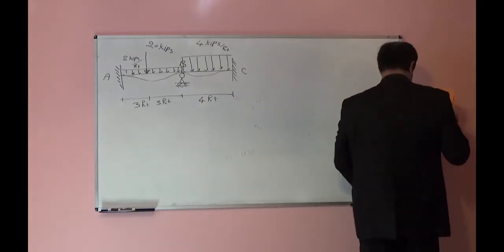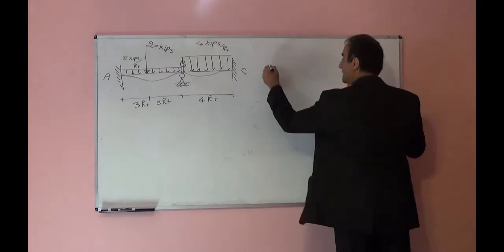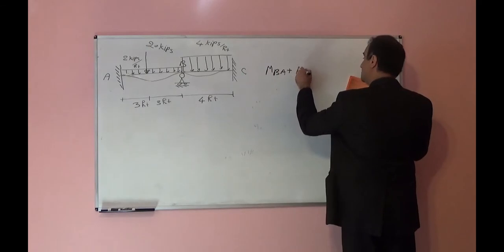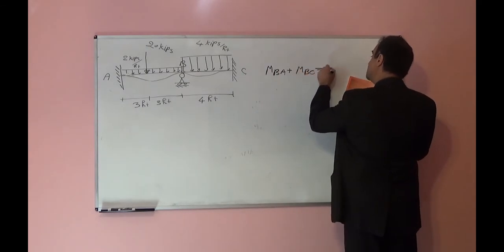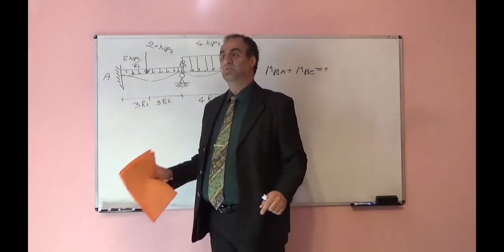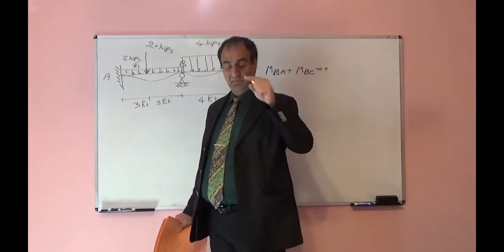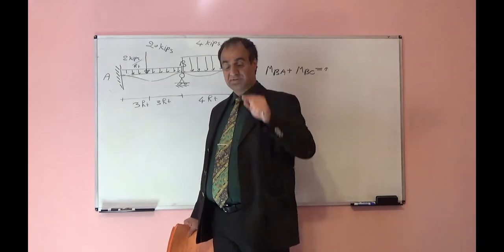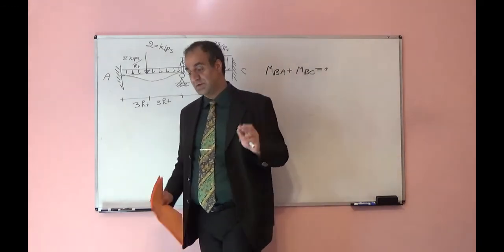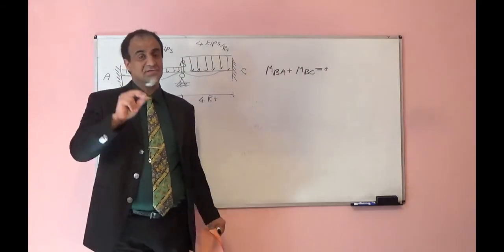So I will write MBA plus MBC is equal to 0. In any rigid joint, the summation of moments for all members reaching that rigid joint should be equal to 0. Always you should apply this for any rigid joint.